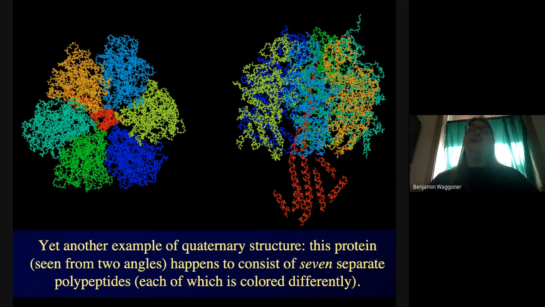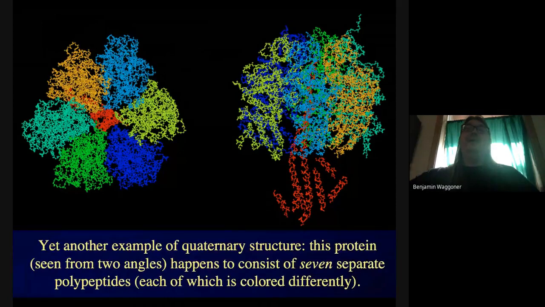You're building a quaternary structure when you knead bread. By the way, those proteins you're building into this quaternary structure are collectively called gluten.